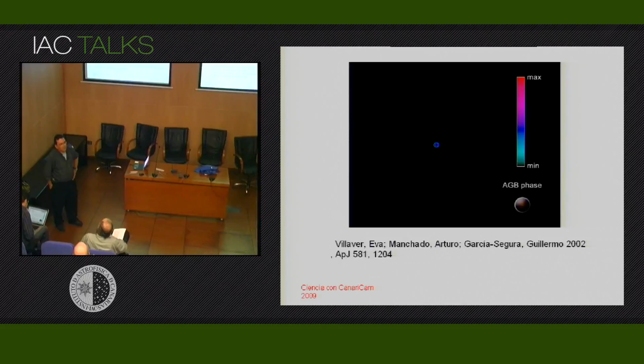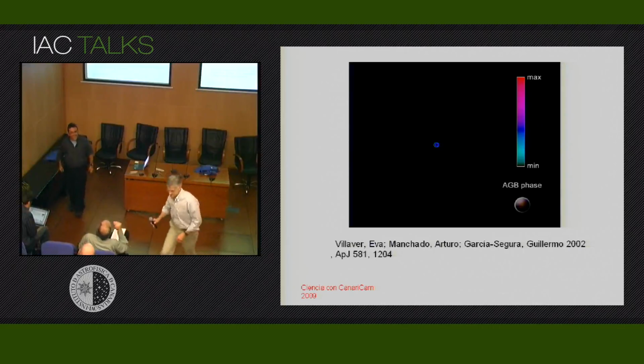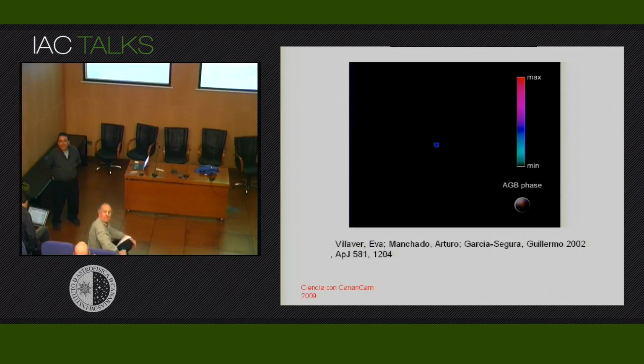Arturo, I'm a bit surprised by the dynamical age you derived for the torus because it's so short. I mean, 190 years. Is that a typical time scale? What's the duration of that phase? Or is that just a very lucky hit? Well, as I said, it's hard to talk about typical because there are very few protoplanetary nebulae that have been measured.